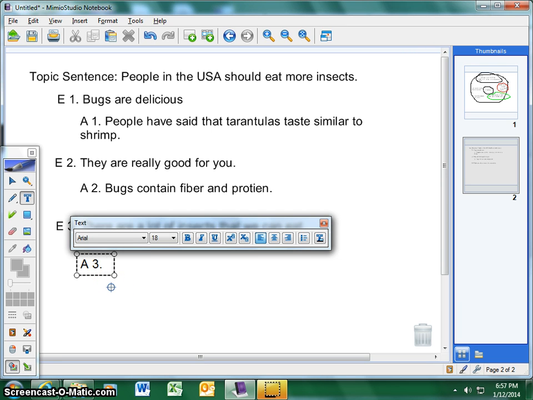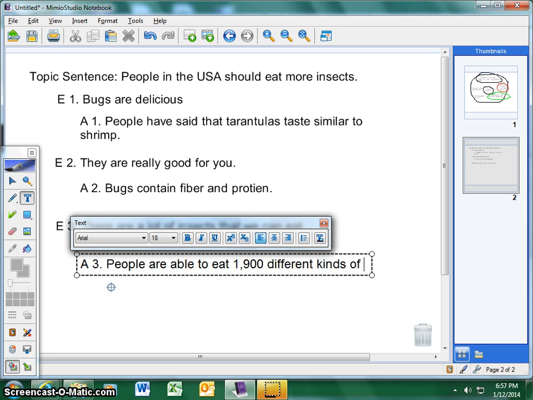People are able to eat 1,900 different kinds of bugs.